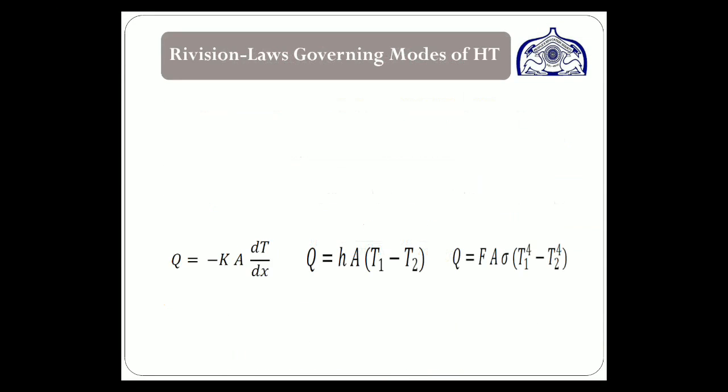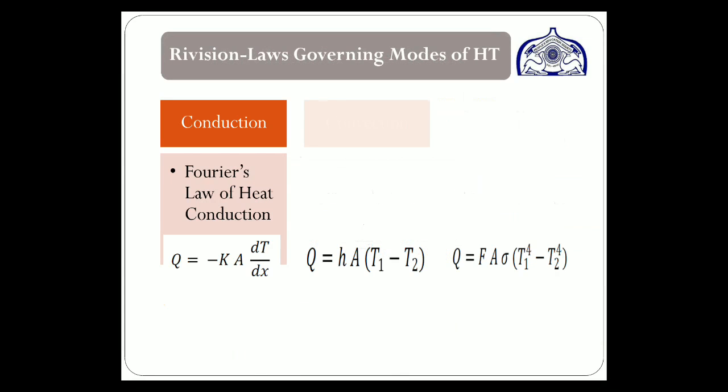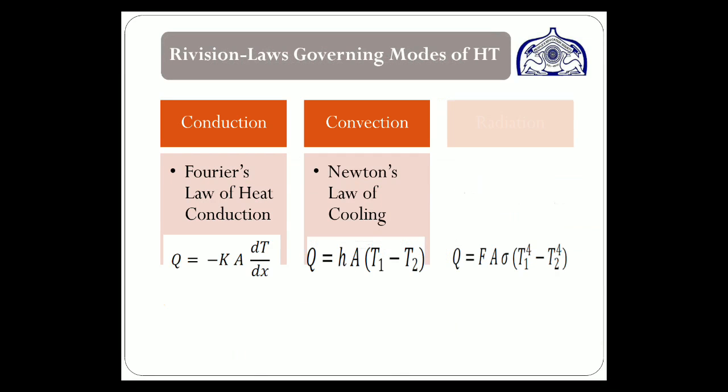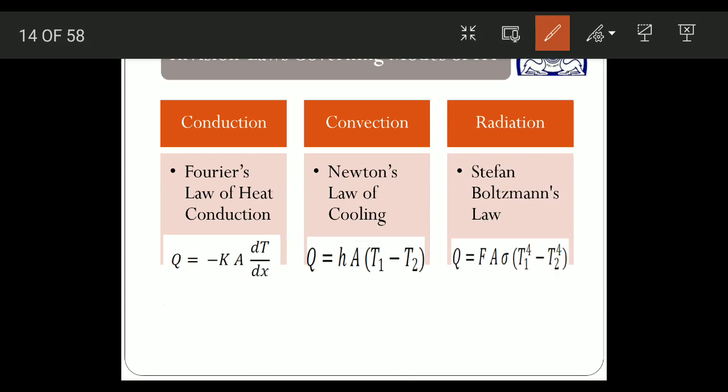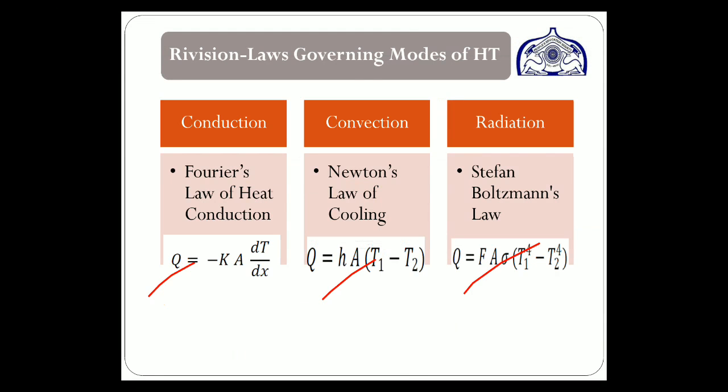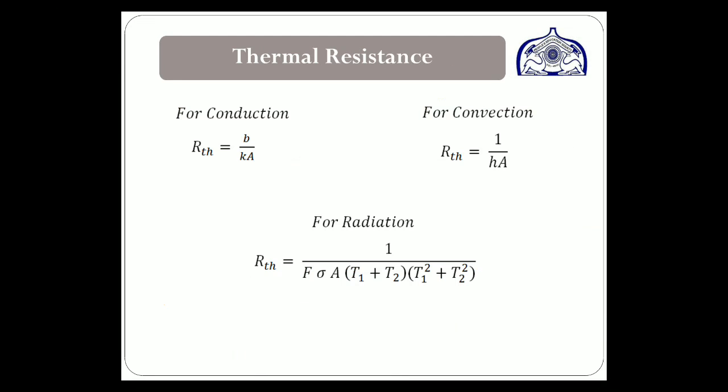Already we have discussed these laws, that is Fourier's law of heat conduction, Newton's law of cooling, and Stefan Boltzmann law. Now what we have to do is calculate the thermal resistances for conduction, convection, and radiation. So what is thermal resistance? First let us see this.